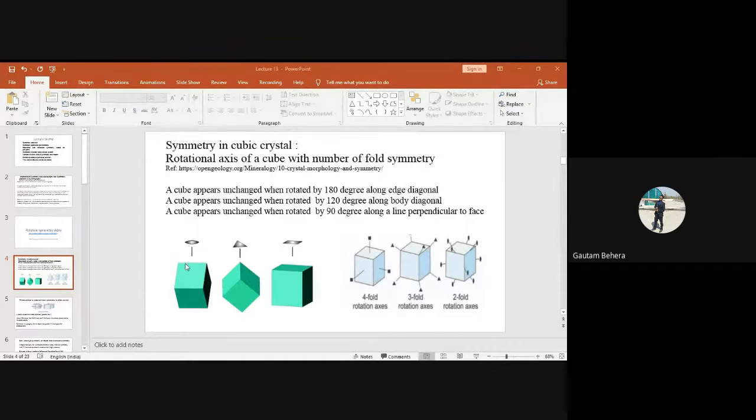This is the edge of the cube, and the axis is passing through the edge, right? So if it is rotated by 180 degree, then it will come into its same structure again. The initial structure will repeat again. So the minimum angle will be 180, so how many fold will it be? So n is equal to 360 degree divided by 180. Yes or no?